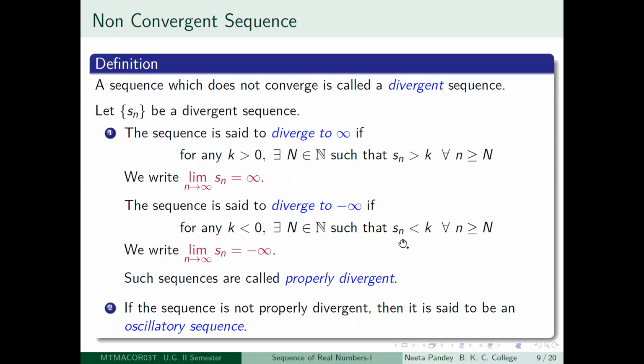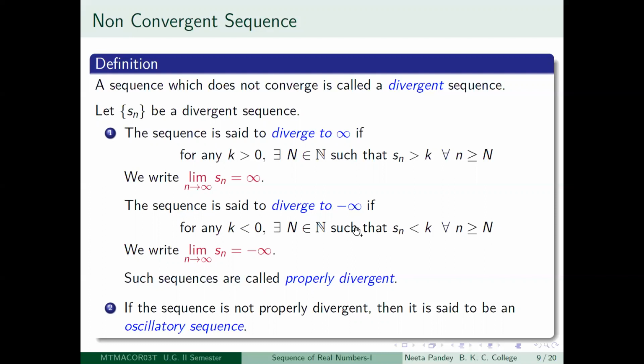In some sense, notice that it is not as if your terms keep decreasing. It is the value of the terms which keep decreasing. So keep that in mind always. It may be that your Sn plus 1 is not less than Sn, but when you look at the Sns, the values of those terms will keep on getting less than any negative number k which you choose.